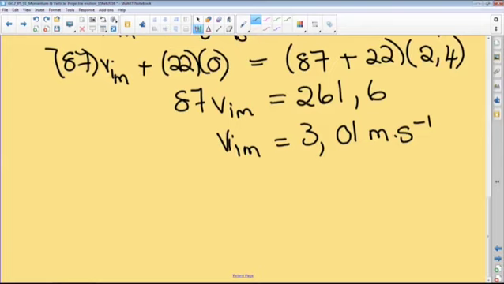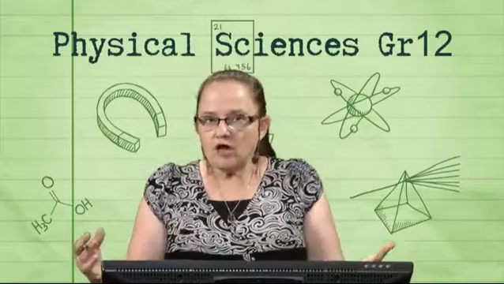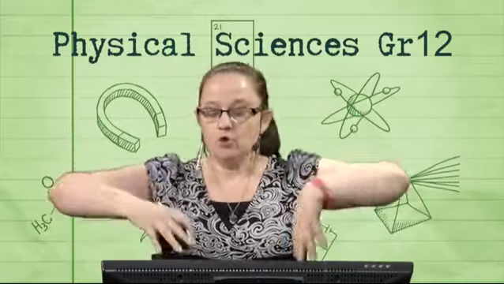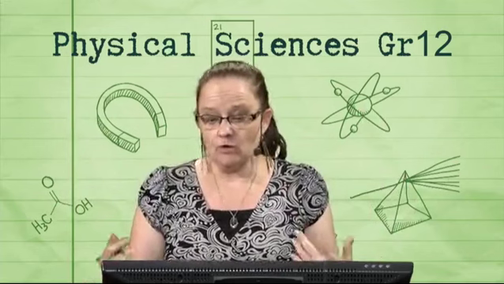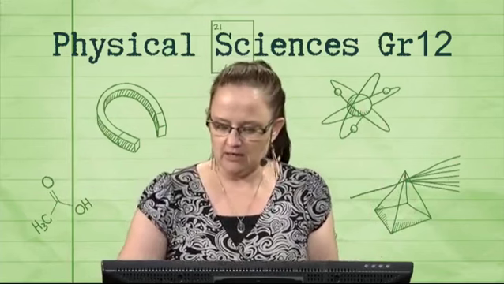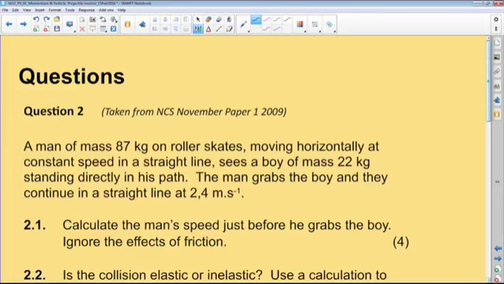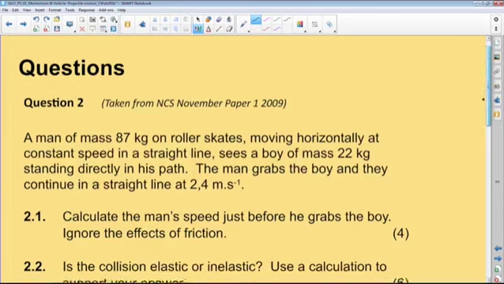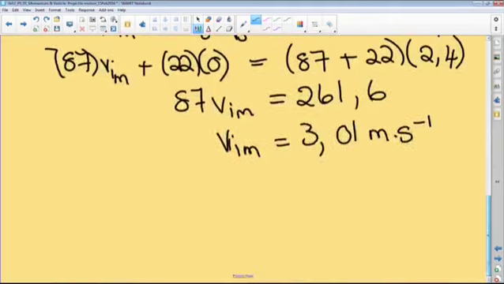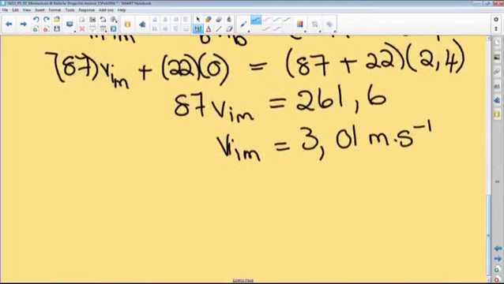But this is a velocity. Velocity is a vector. Vector means that I need to have direction. We can't put it left, right, up, down. So we've now got to consider what they told us in the question. You go back and you say, well, the question said, man moving horizontally, going towards a boy. So we're going to make quite a big assumption here, which I think is quite right, that the man was going forward.